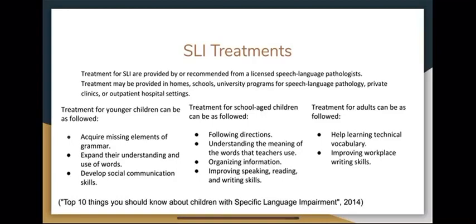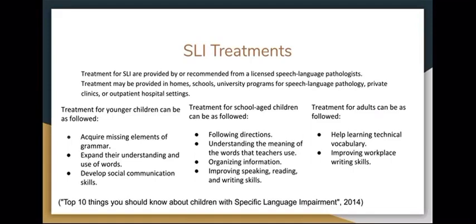SLI treatments. Treatment for SLI are provided by or recommended from a licensed speech-language pathologist. Treatment may be provided in homes, schools, university programs for speech-language pathology, private clinics, or outpatient hospital settings. Here are 3 sections below. Treatment for younger children can be as follows: acquire missing elements of grammar, expand their understanding and use of words, and develop social communication skills.